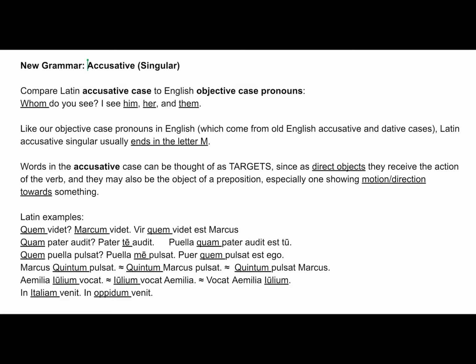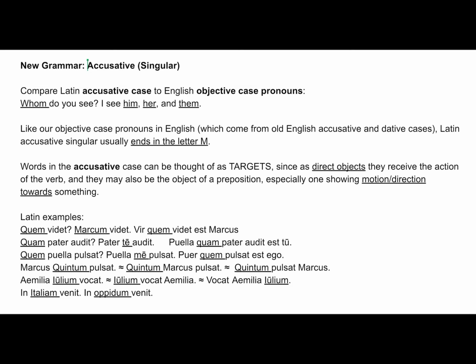Our objective case pronouns in English, whom, him, her, and them, actually come from the Old English accusative and dative cases, because we used to have all these various fancy cases. Like these objective case pronouns, the Latin accusative singular usually ends in the letter M. That's useful to know; it will help us in recognizing it and becoming more familiar with it at first.